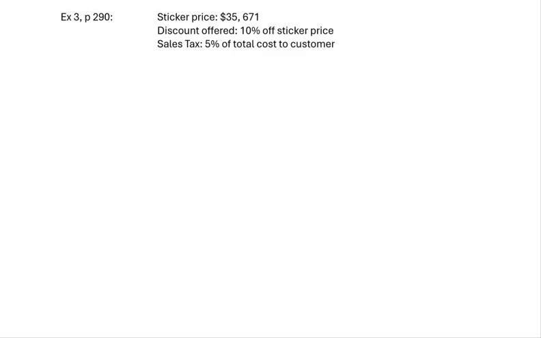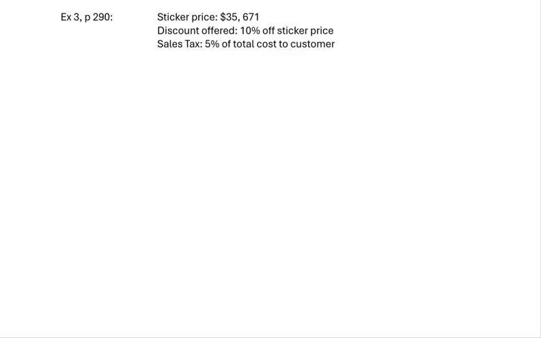What is its record? Does it need a lot of maintenance? What's the gas mileage like? What is its resale value historically? You have a lot of research to do before you just go in and buy a car. But for these examples, we're just going to figure out what it costs to drive a car off the lot, if that makes sense. So now let's look at example 3 on page 290.